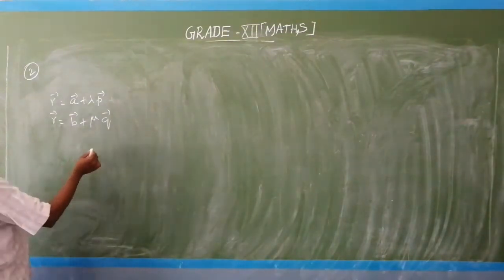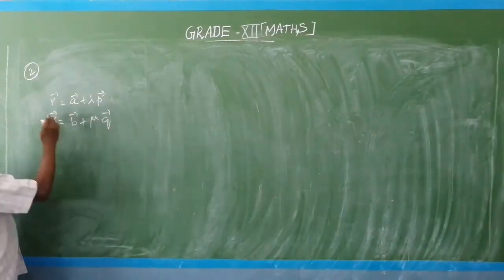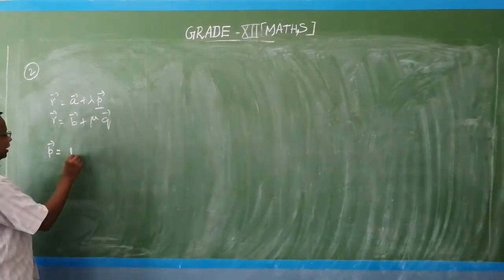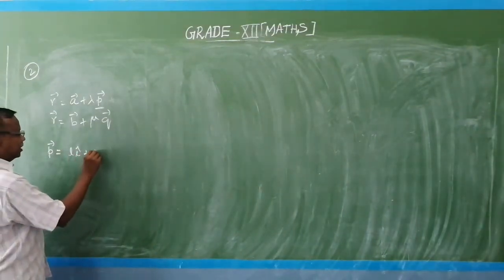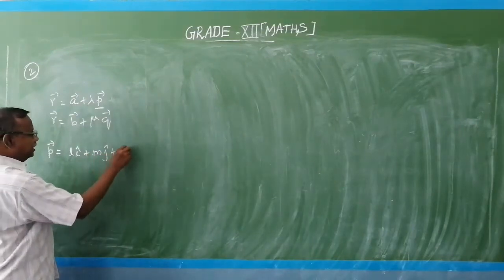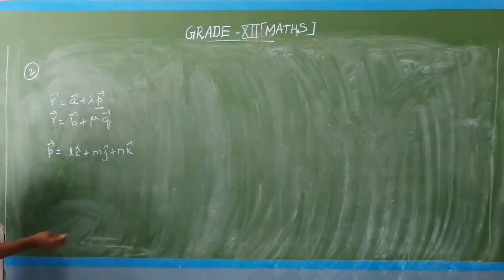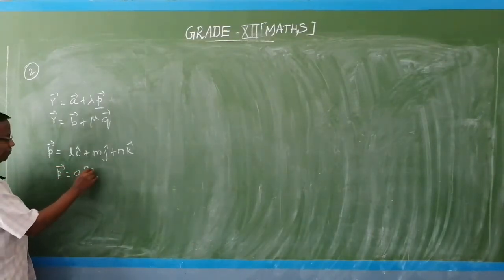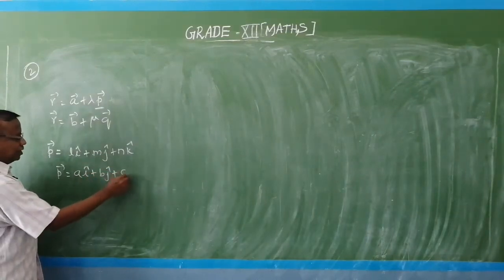If the equation of the line is given, when the direction cosines are used, the p vector is expressed as l i cap plus m j cap plus n k cap. If a vector p is expressed in direction ratios, then p vector equals a i cap plus b j cap plus c k cap.